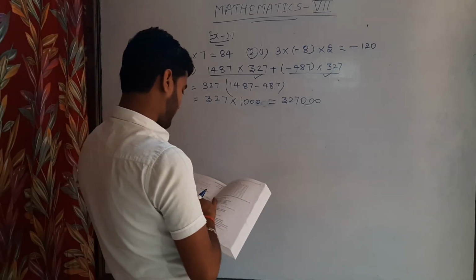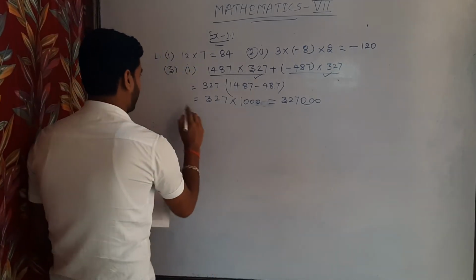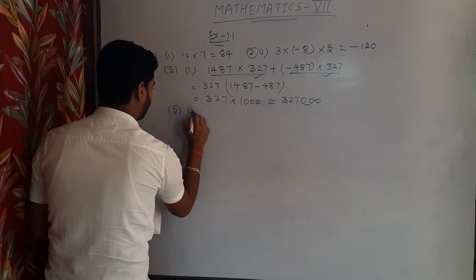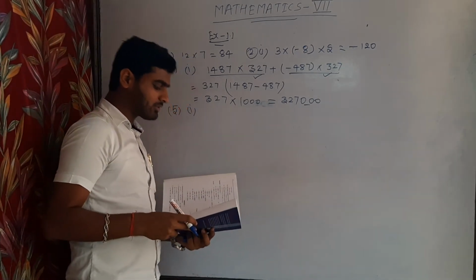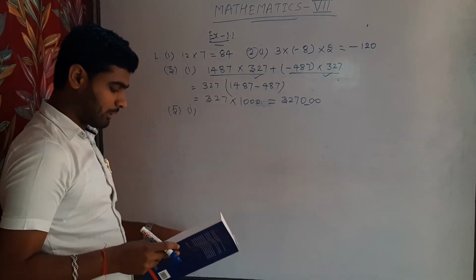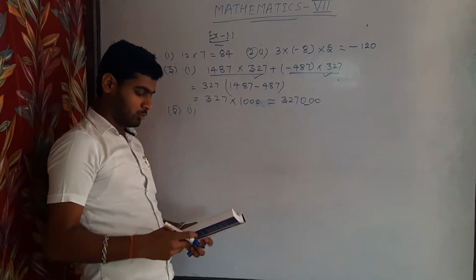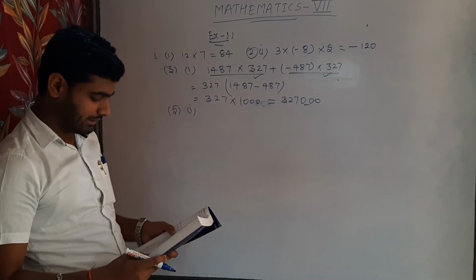We have to solve question number 4 by yourself. Question number 5. First, determine the integer whose product with minus 1 is 58.